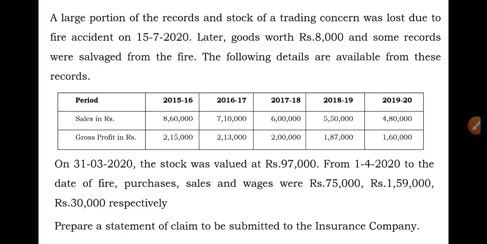If sales and gross profit are given for the past few years, how do we find the claim amount? That is how we will go about it in this video, how to calculate the insurance claim whenever sales and gross profit are given for the past few years.